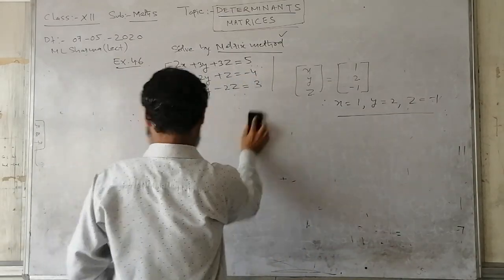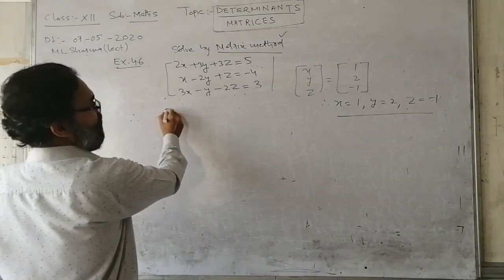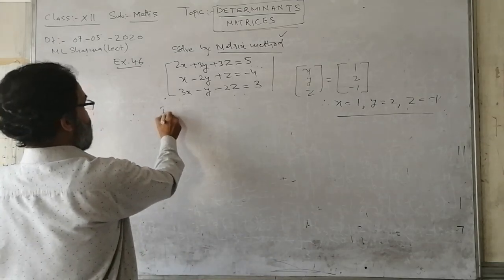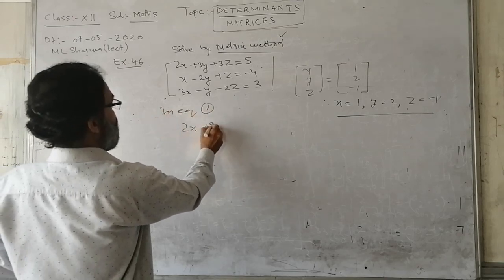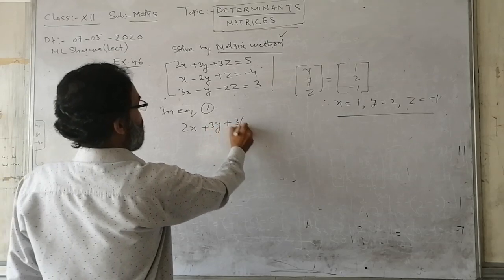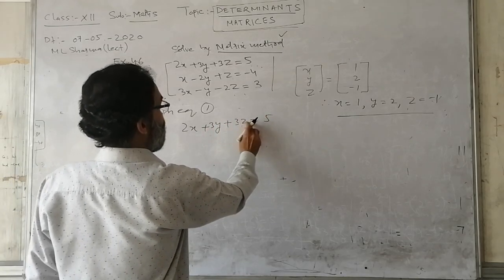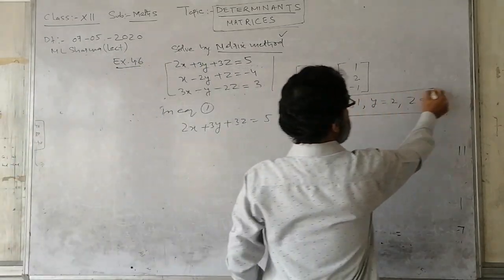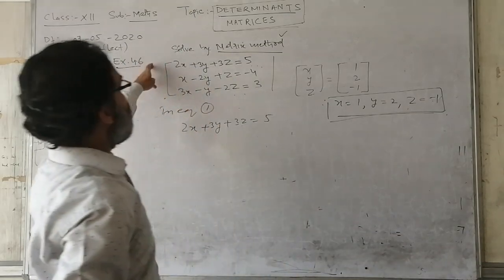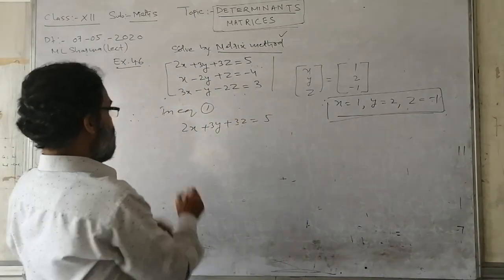If I substitute the values of x, y and z in the first equation, the first equation is 2x plus 3y plus 3z equal to 5. I can put these values in any of the three equations, either first, second or third. So I am substituting these values in this equation.